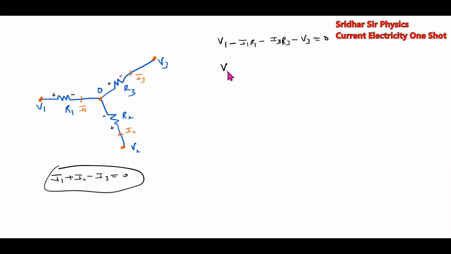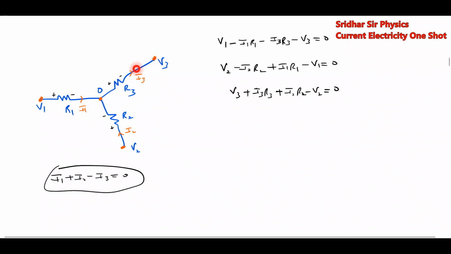Similarly, V2 minus I2 R2 plus I1 R1 minus V1 equals 0. Then V3 plus I3 R3 plus I2 R2 minus V2 equals 0.